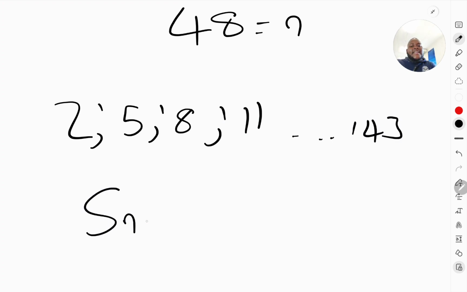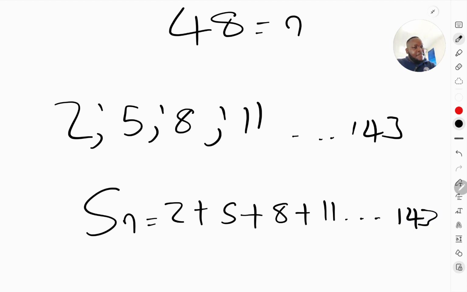So Sn is the same as 2 plus 5 plus 8 plus 11 up until 143. What value am I going to get if I add all of the terms in my arithmetic sequence?